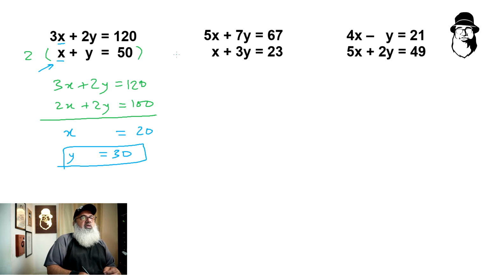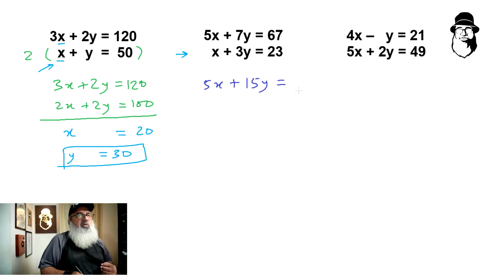Now here in these equations, we can multiply this x by 5 to get the coefficients equal. So let's do that. x times 5 is 5x, then 3 times 5 is 15, so 15y is equal to 23 times 5, which is 115.